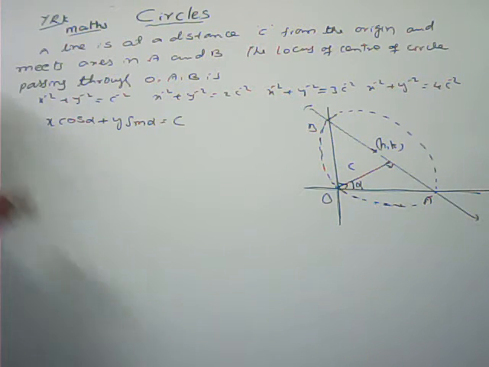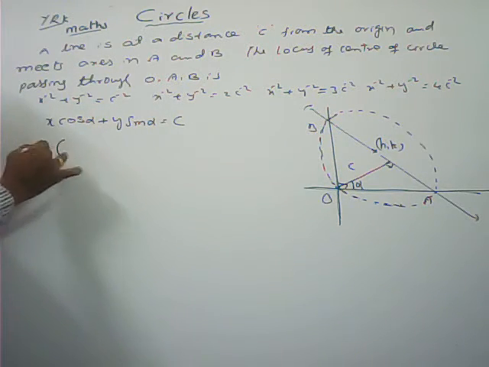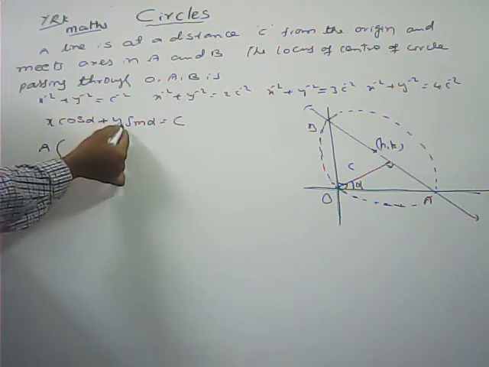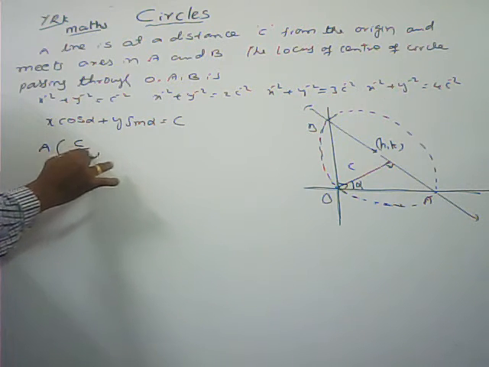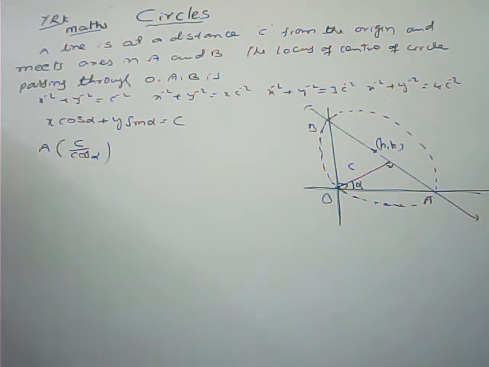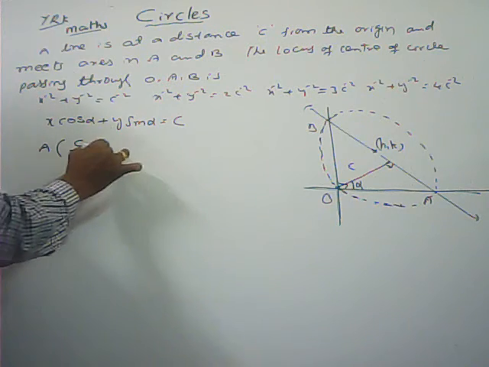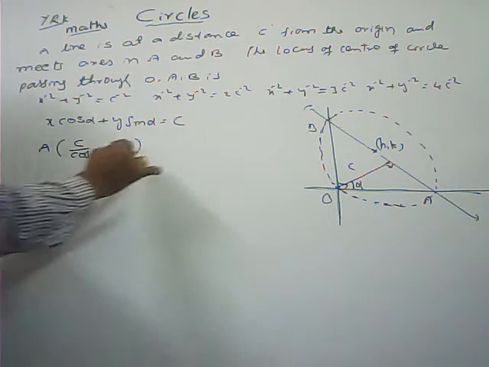So this is the line. It cuts the x-axis at A. What about that point? Put y = 0. We can get x = c/cos α, and the y coordinate is 0 only. What about B?